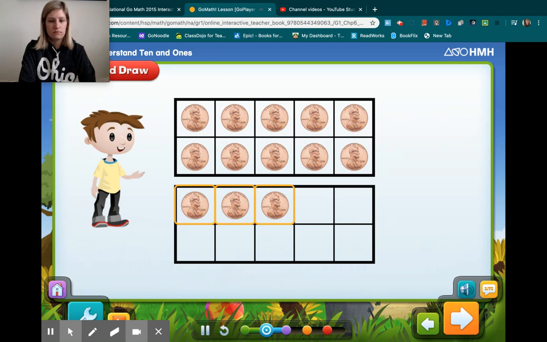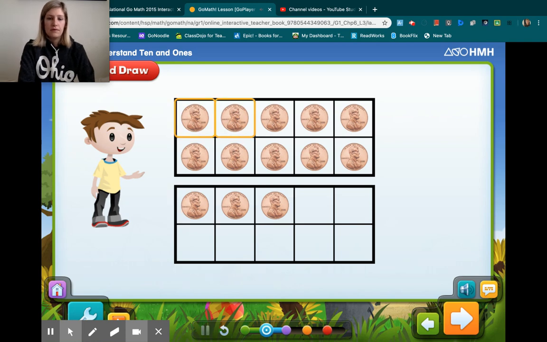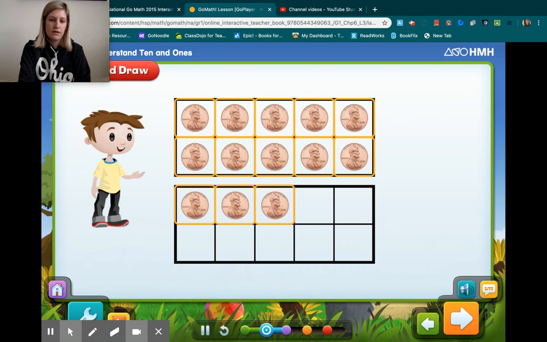Let's count all the pennies to see how many Tim has now. 1, 2, 3, 4, 5, 6, 7, 8, 9, 10, 11, 12, 13. That's right. Now Tim has 13 pennies.